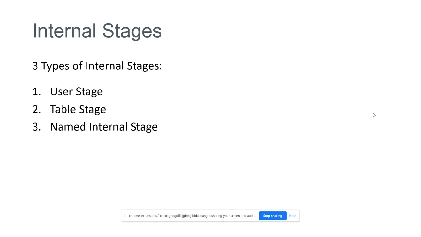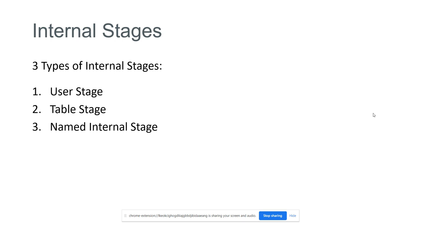First of all, what is an internal stage? It is nothing but an area in the Snowflake database itself. It contains some internal staging area. There are three types of internal stages in total, and we'll discuss each of them. With an internal stage, the data files are located in the internal area of Snowflake itself, not in external cloud storage providers.